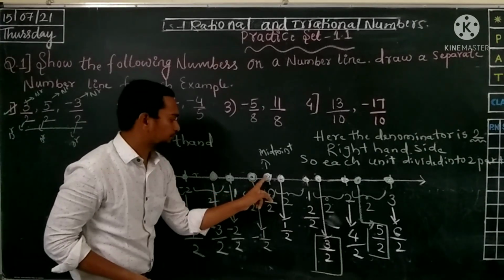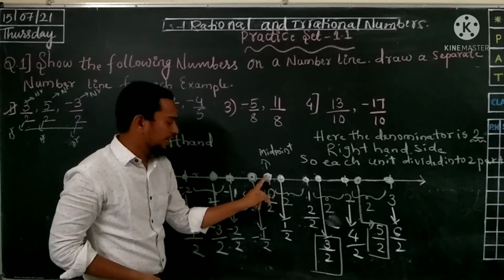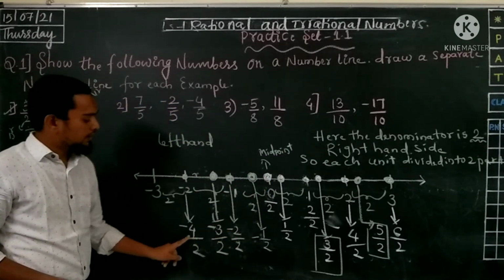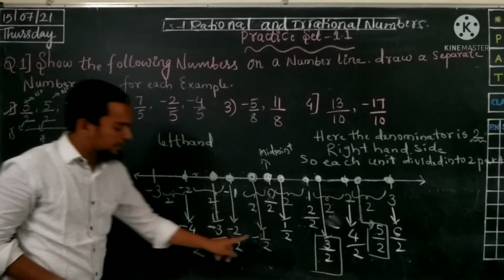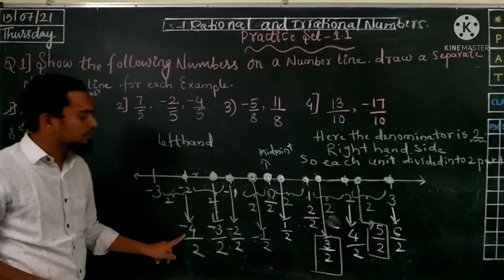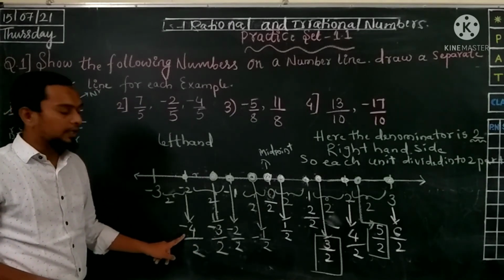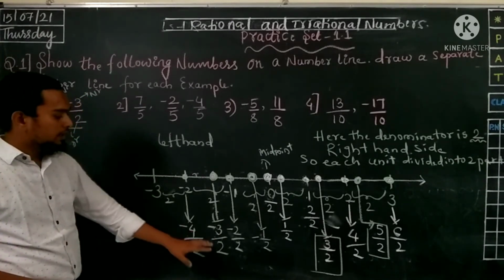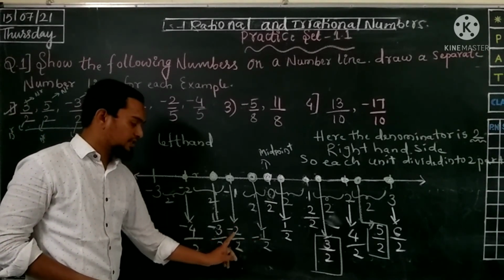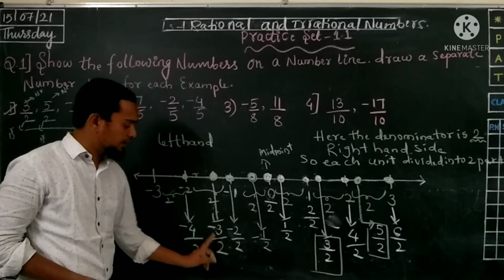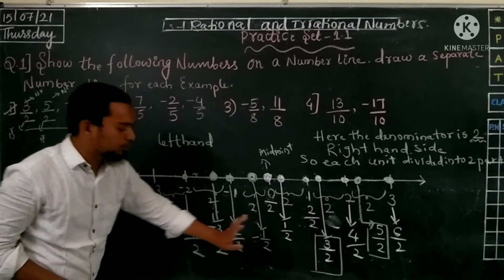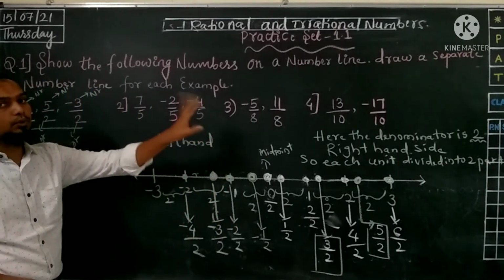We will leave 0, 1 point, 2 point, 3 point and 4 point. Minus 1 point, minus 2 point, minus 3 point and minus 4 point. That means on the left hand side minus 1 unit, minus 2 unit, minus 3 unit, minus 4 unit, divided by 2, as the denominator is given 2.